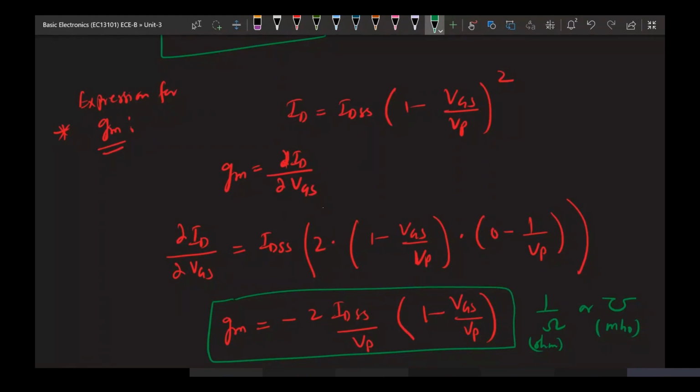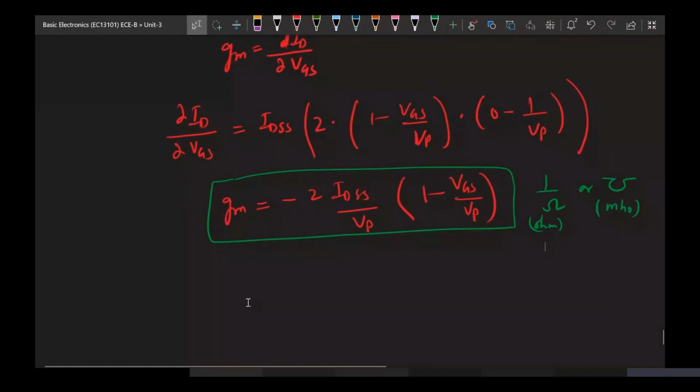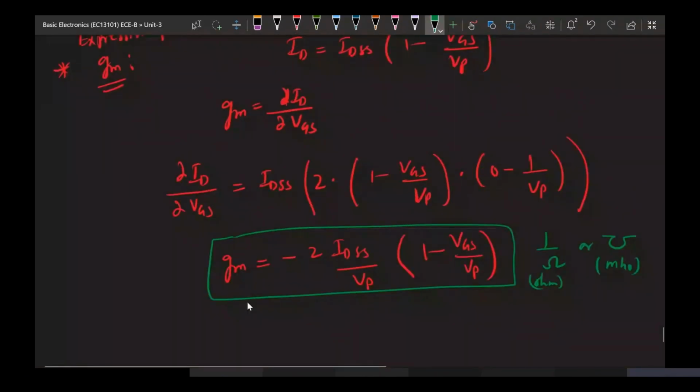Some other equations of GM are also there. From the current equation, we can replace 1 minus VGS by VP and get GM in terms of the current. So there are different relations of GM.